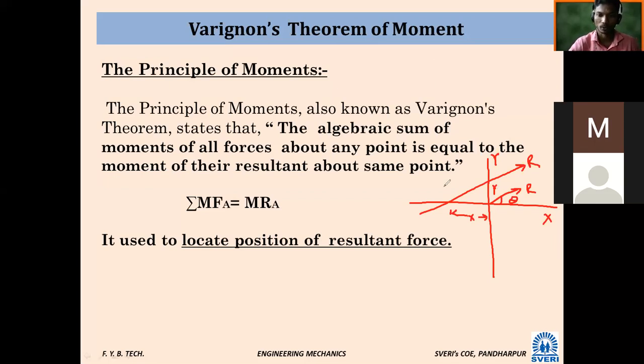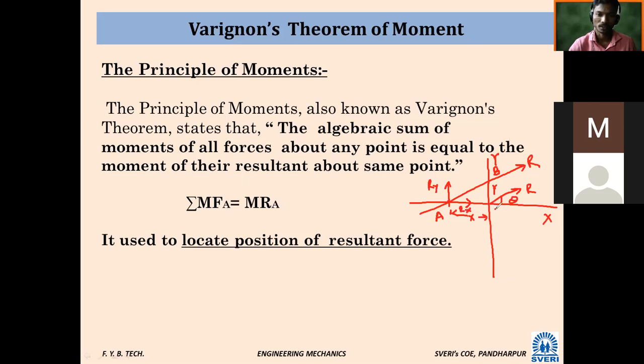Whatever parallel line I have drawn here intersects the x-axis and y-axis. Suppose for the x-axis it cuts at point A, and for the y-axis it cuts at point B. Now if I resolve this R force or resultant force at point A, the vertical component will be Ry and the horizontal component will be Rx.